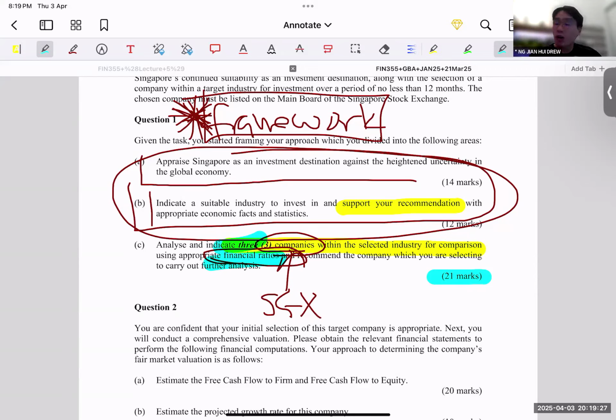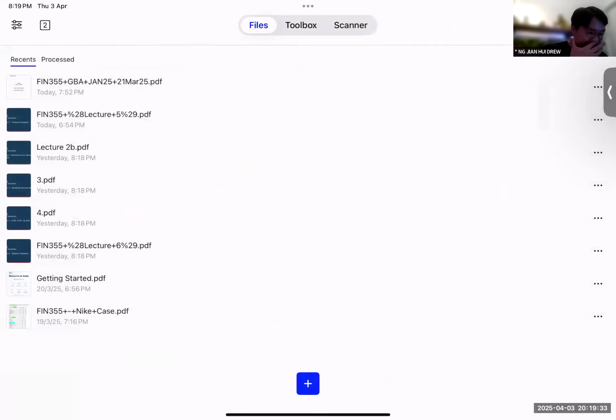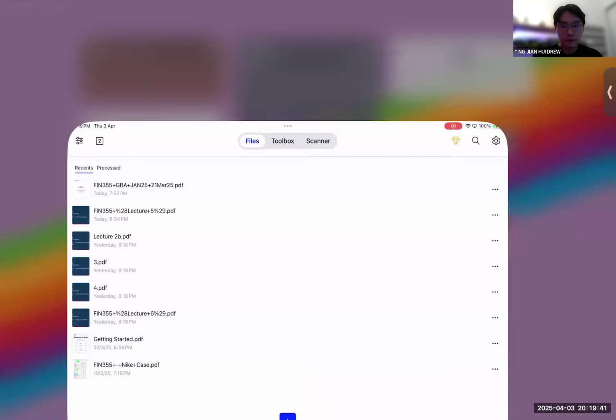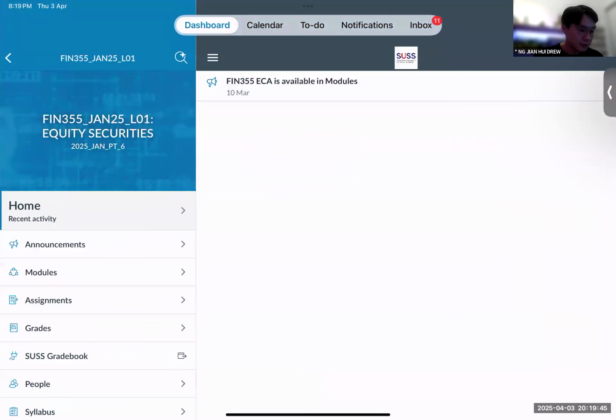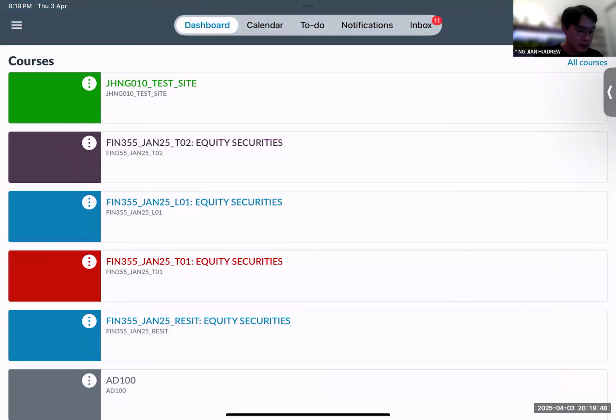Financial ratios, recall lecture one, there is this table. Do you all remember lecture one? Do I have lecture one here? No, I don't have lecture one here. Let me just quickly download lecture one from the course.